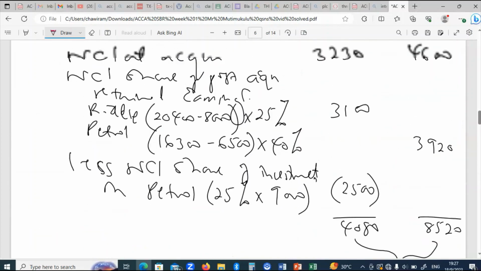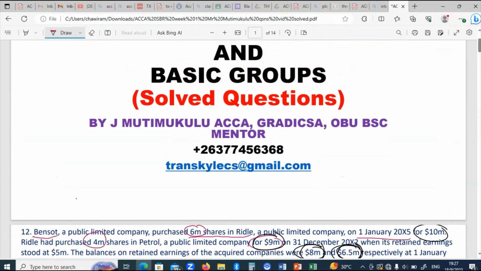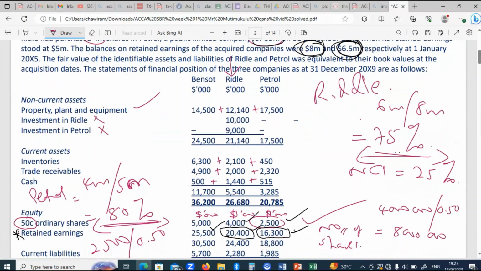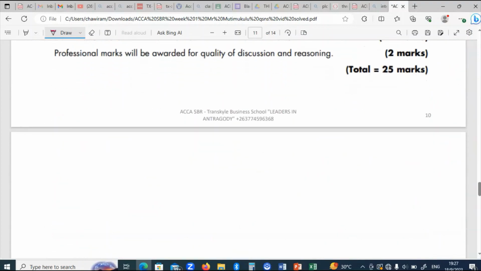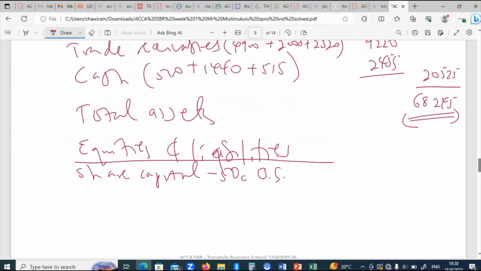So we go back to our statement of financial position. It's given in the question. We are only going to check this figure, 5,000. Okay, those are the rules, ladies and gentlemen, and we mustn't be found wanting. So that's 5,000. You only take for the parent only. Okay, and then retained earnings as worked on working number 4.